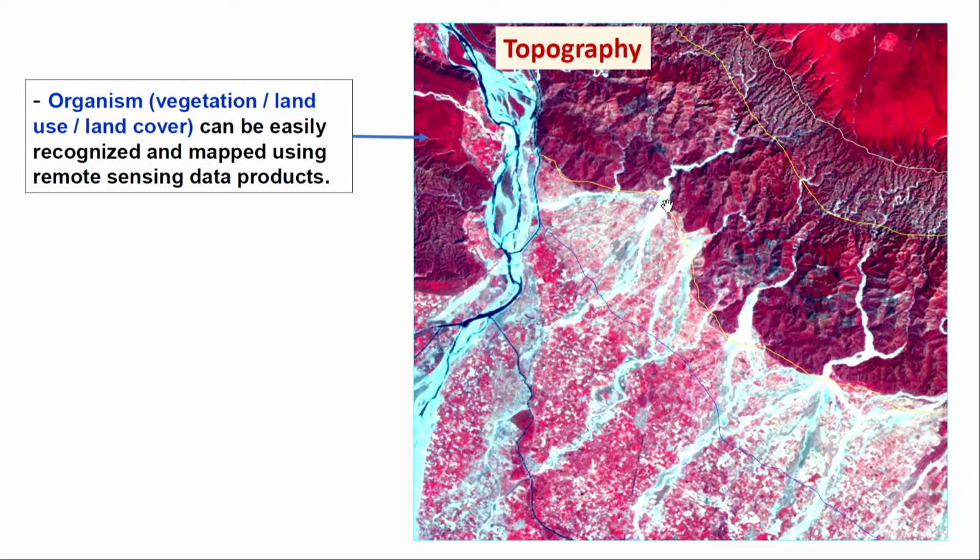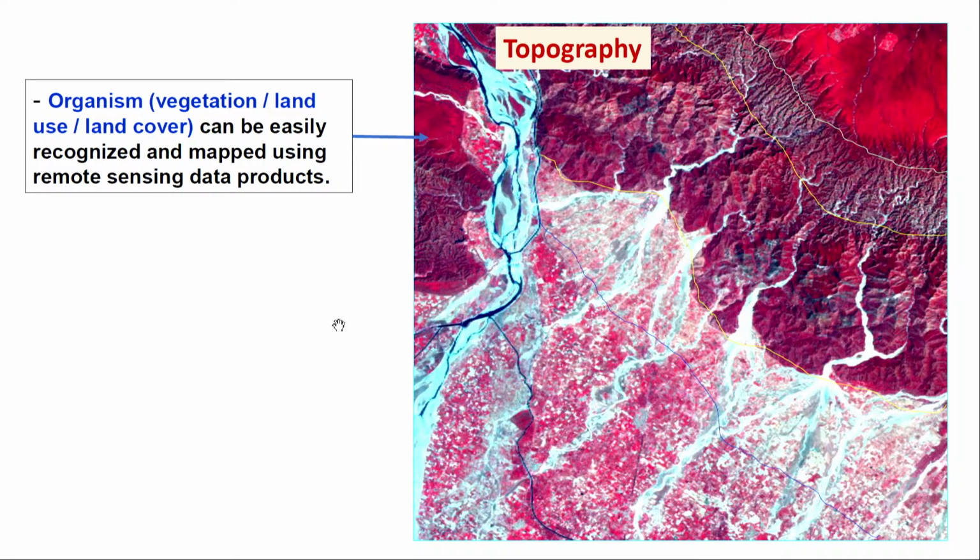So there is a change in the slope also, that is the boundary of the hills. So we can very easily see the topography also from remote sensing data. If you find difficulty, use the contour map from the TopoSheet, or also see the digital elevation model. From there you can get the interpretation of slope.